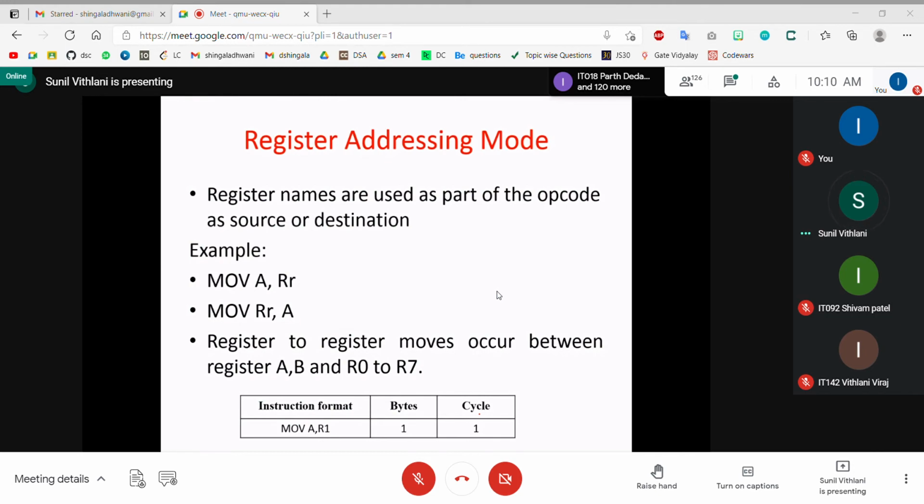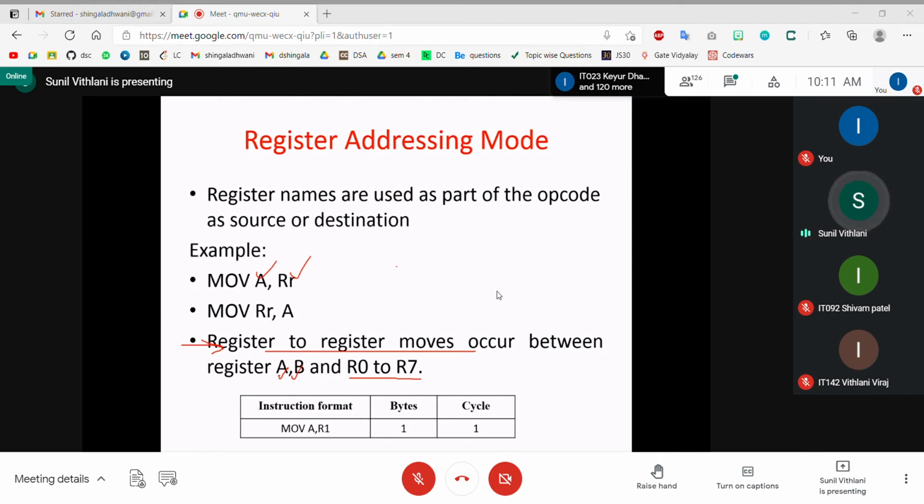The main point here is the limitation: we can move data register to register, but both source and destination should be registers, and they should be either register A, register B, or R0 to R7.